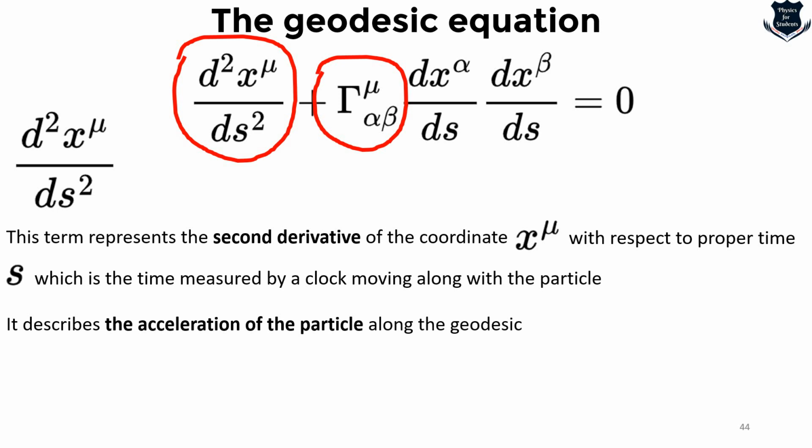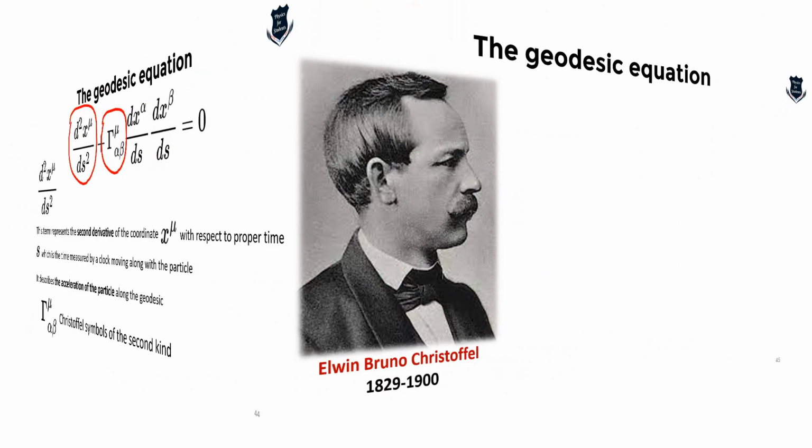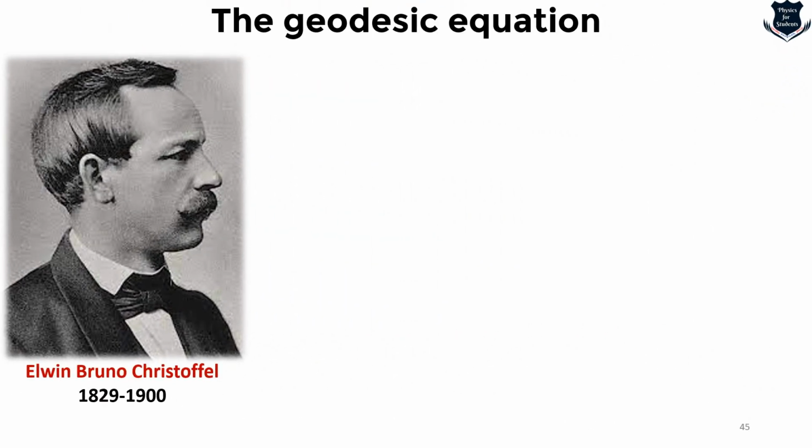Now what is this all about? Gamma mu alpha beta. These are called Christoffel symbols of the second kind. Hold on, I will explain what a Christoffel symbol is and why it is called of the second kind. Elwin Bruno Christoffel was a remarkable German mathematician who contributed a lot to differential geometry.